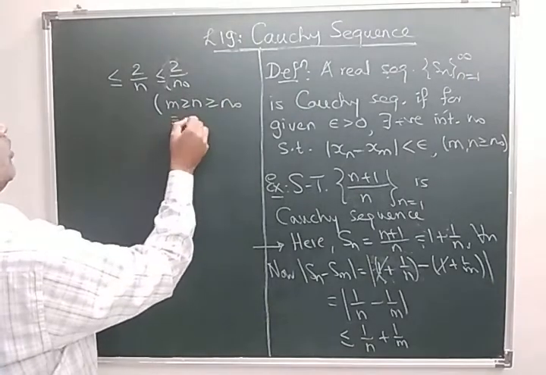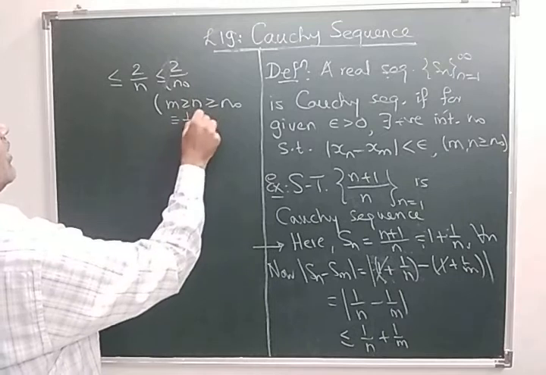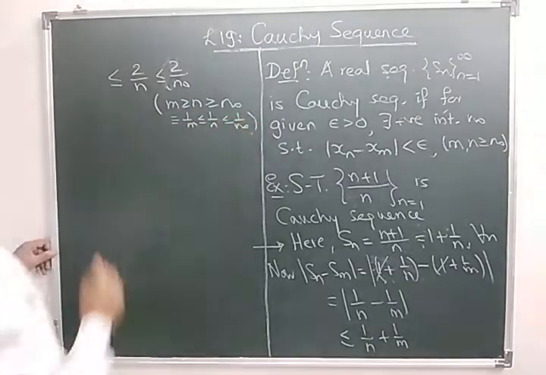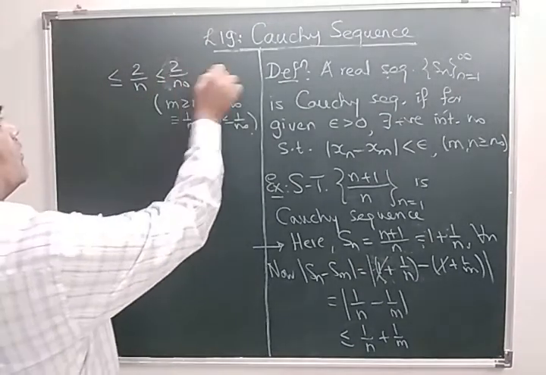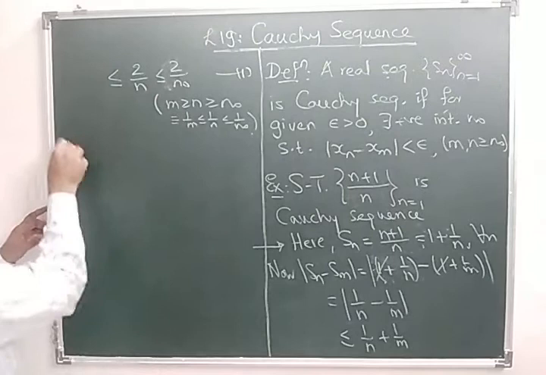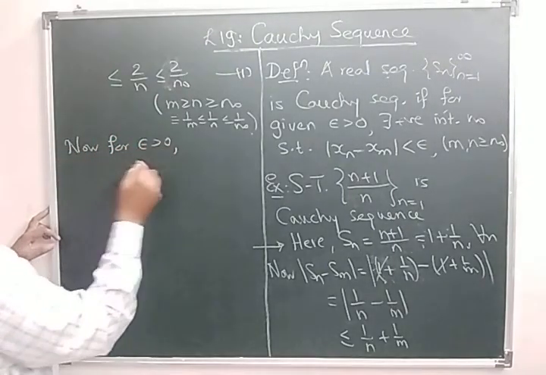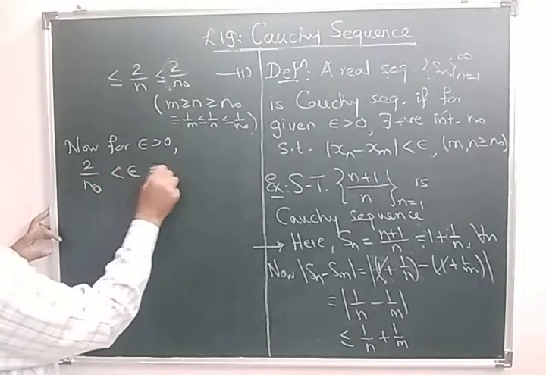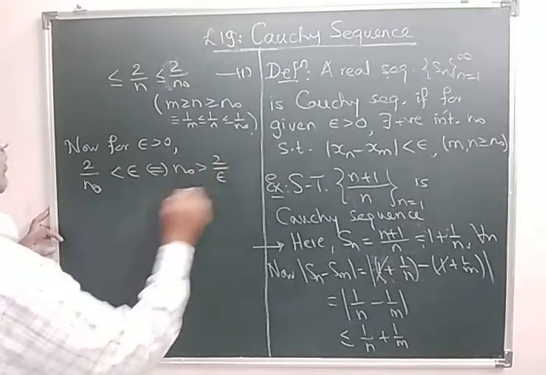This is because 1 upon m is less than or equal to 1 by n, which is less than or equal to 1 by n naught. So we get this as 1. Now for epsilon greater than 0, 2 by n naught is less than epsilon if and only if n naught is greater than 2 by epsilon.